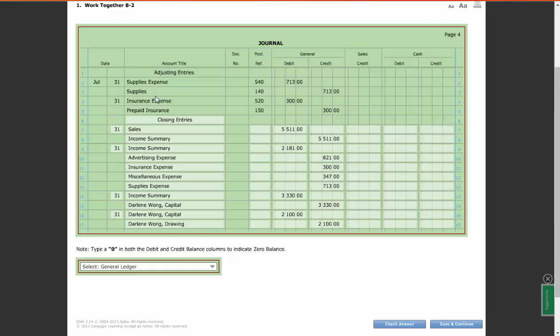Those are your 4 closing entries. I keep saying 4 closing entries because how many dates do we have under closing entries? 4. I also have students that eventually, when they give you all the blocks to write in, write the date on each line. There are 4 closing entries: revenue, expense, income summary, and drawing.